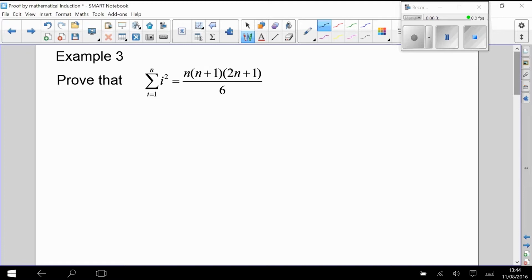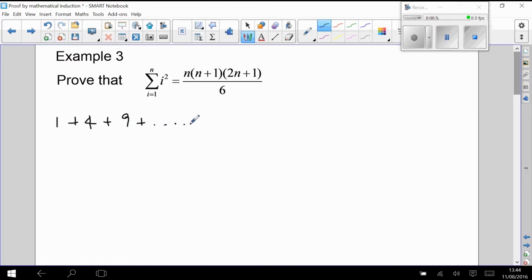And the numbers go up consecutively from the number 1, i.e. the number at the bottom. If I substitute 1 into I, I get 1 squared, which is 1. Then if I substitute in 2, I get 2 squared, which is 4. Then 3 squared, which is 9.